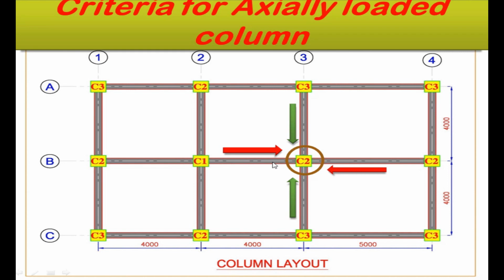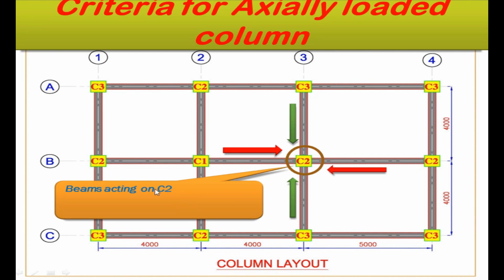So the moments generated on these two sides, the red arrow marks, will not be equal. There will be some difference between the moments. If a moment is created, then it is called a uniaxially loaded column. If the eccentricity is less than 20, then it will be called an axially loaded column.